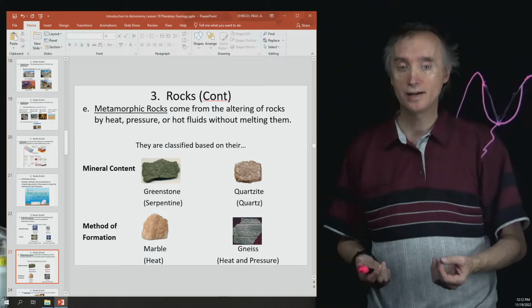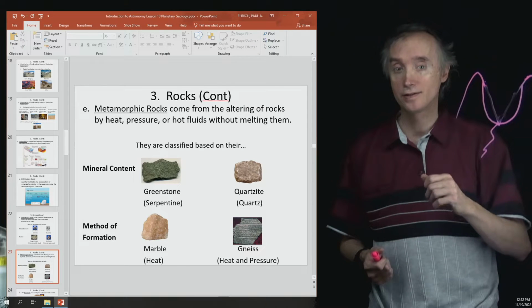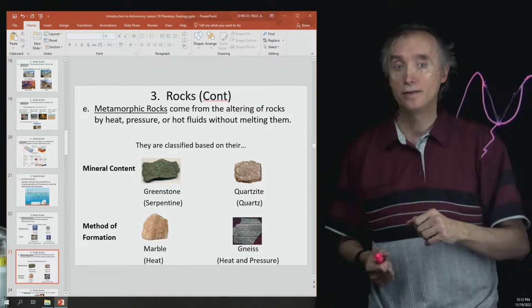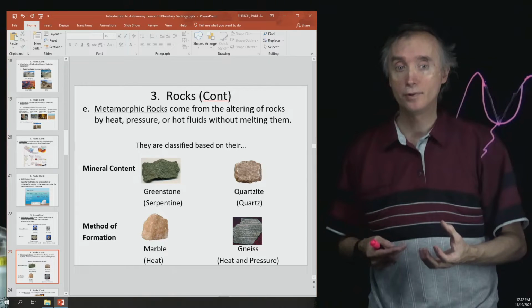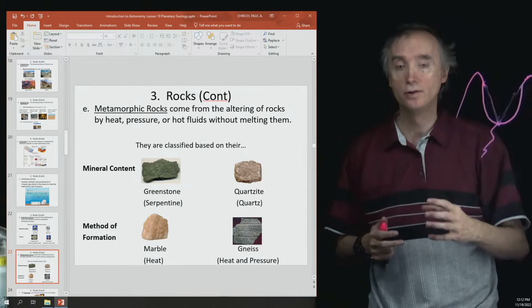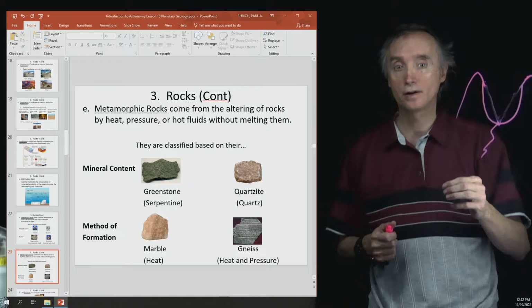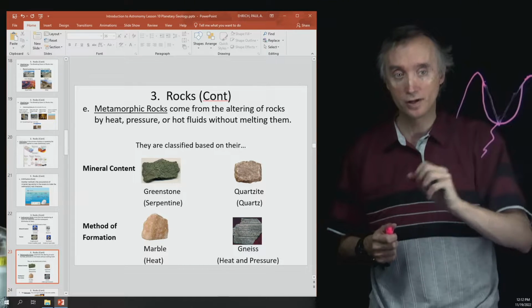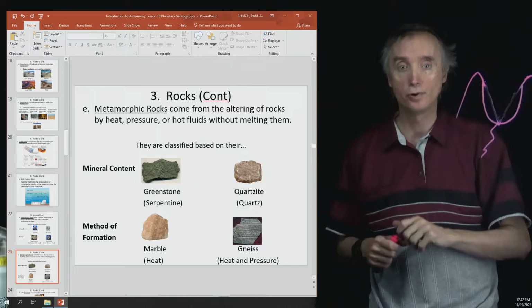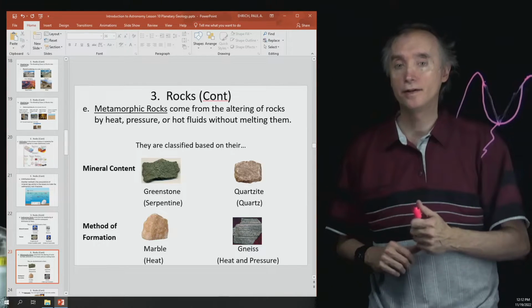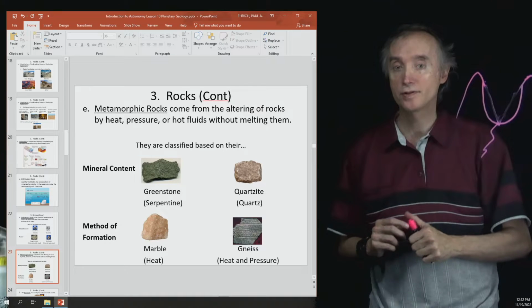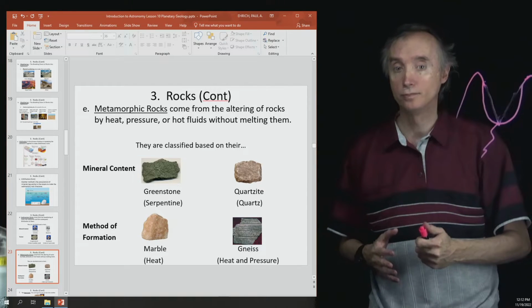So if you take sandstone, which is a sedimentary rock, and then you subject it to heat, those individual little grains of sand are going to start to glue together, and then you end up with quartzite. Another way of identifying a metamorphic rock is how it forms.